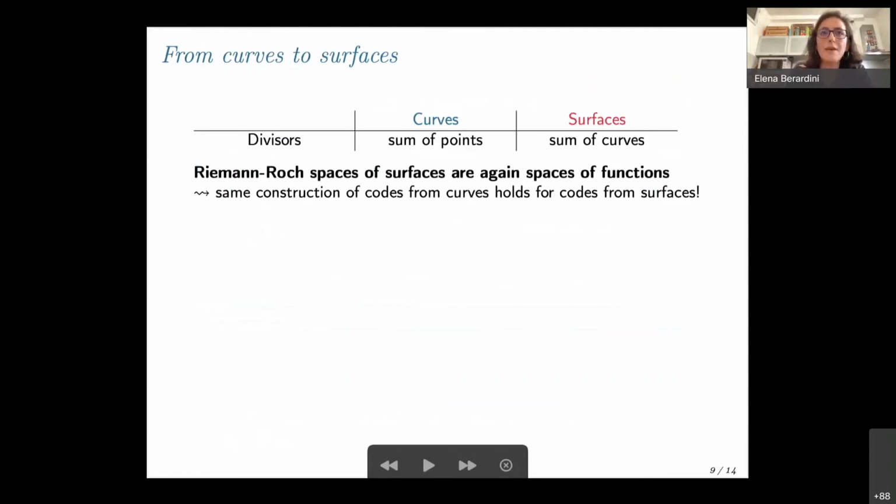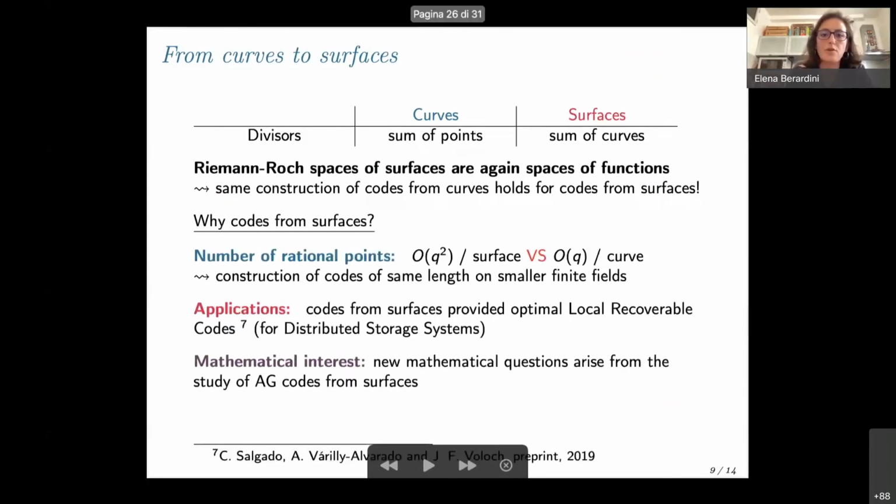But why should we be interested in these codes? Well, first of all, because of the number of points on surfaces, which in general have more points than curves, and this allows you again to construct longer codes over quite small finite fields, which is more convenient from a computational point of view.